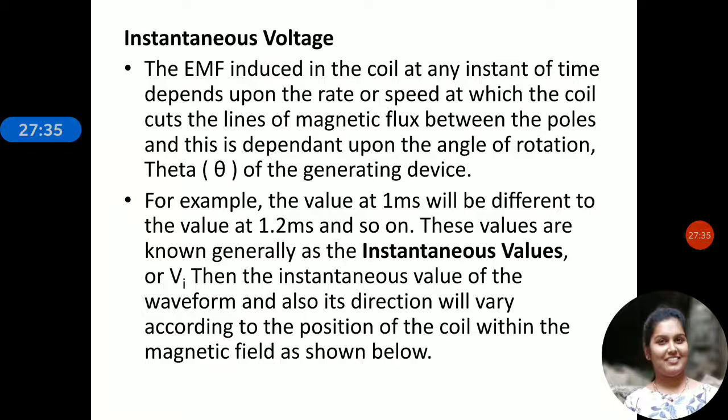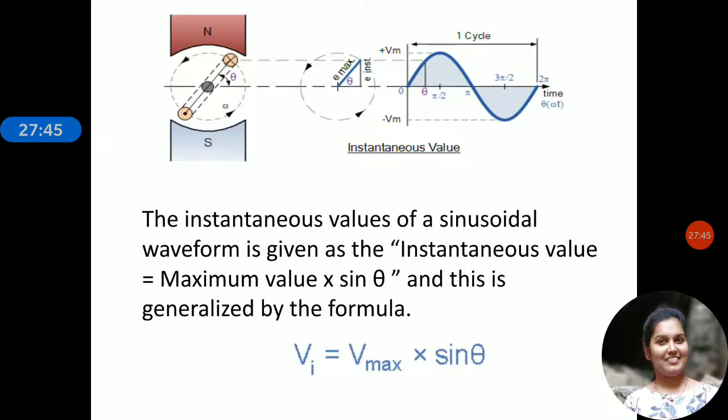Then the instantaneous value of the waveform and also its direction will vary according to the position of the coil within the magnetic field. This is shown in the diagram. If we see this diagram, we have a magnetic field on the left side, north pole and south pole. Between these poles there is a magnetic field, and in that magnetic field I am placing a current carrying conductor.